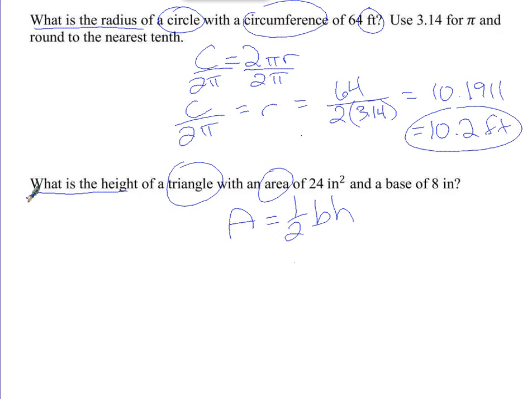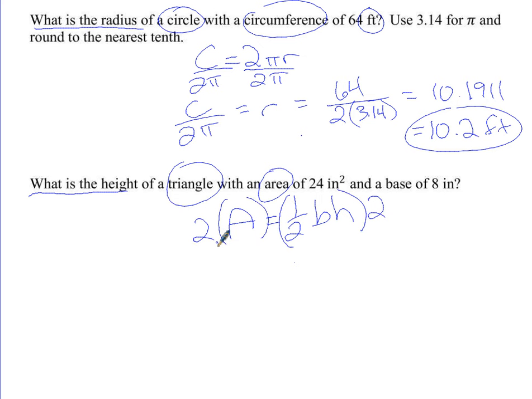Solve for H. Okay? I want to solve for H here because this one is a little bit different than what we've seen before. What do I do with this 1/2 out front? It's 1/2 times though. I could divide by 1/2 or I could multiply by 2. That's what I want to do. Multiply by 2, multiply by 2.